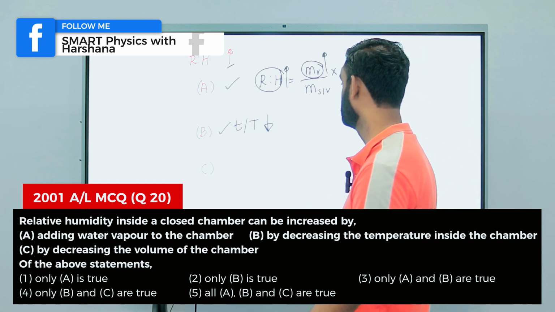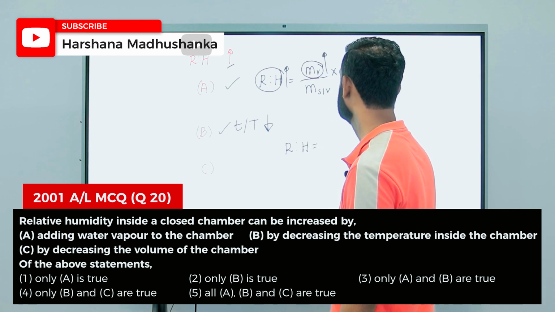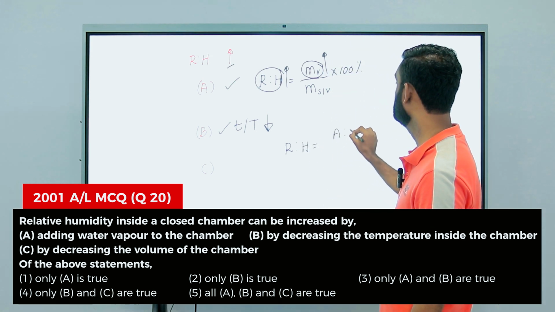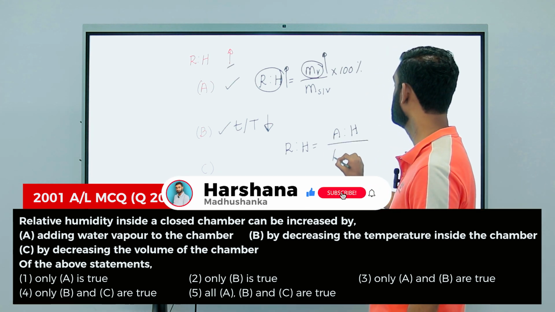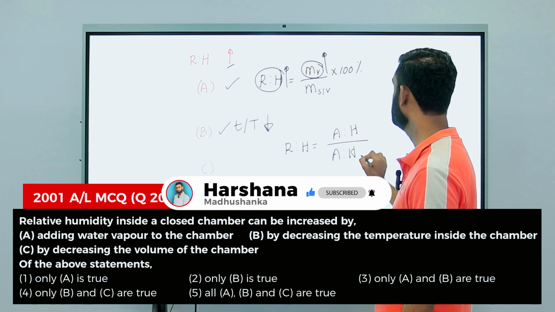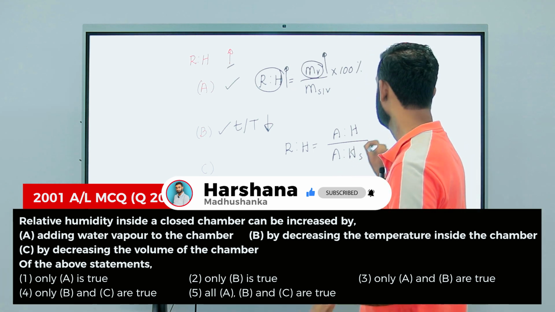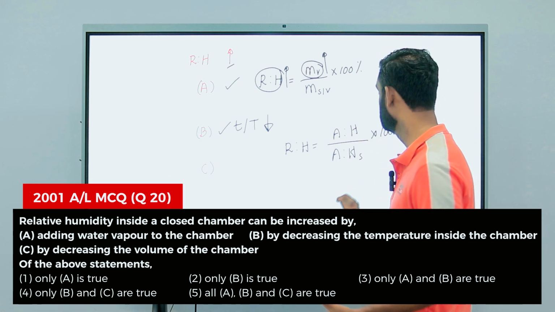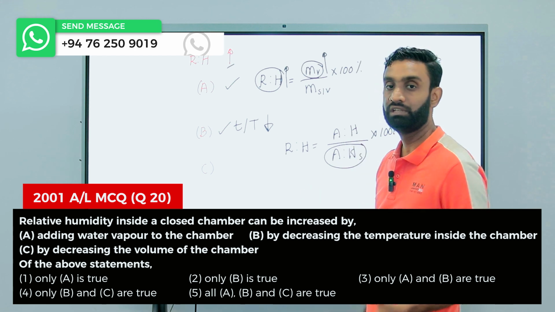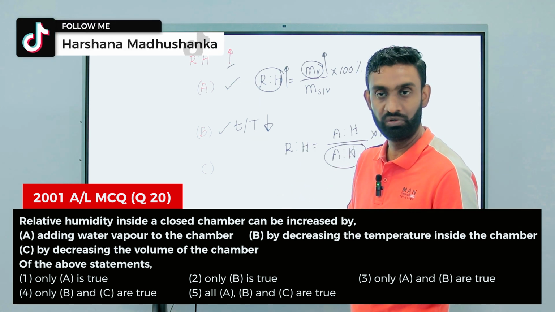Now, what are we going to do in the third one? We want to decrease the volume of the chamber. Another definition for relative humidity is absolute humidity at that instant divided by absolute humidity at the saturation point, then multiplied by 100%. Actually, the denominator won't change while you keep the temperature constant and decrease the volume.